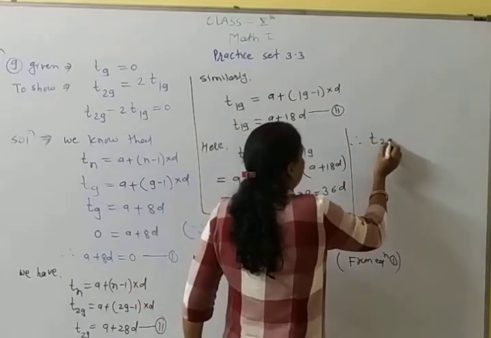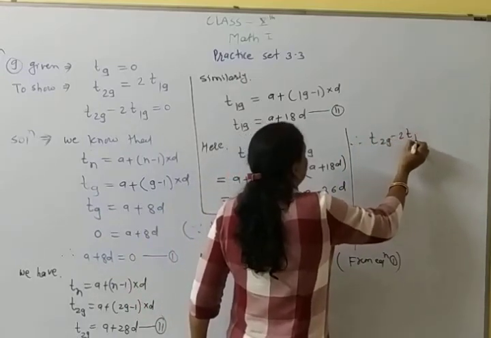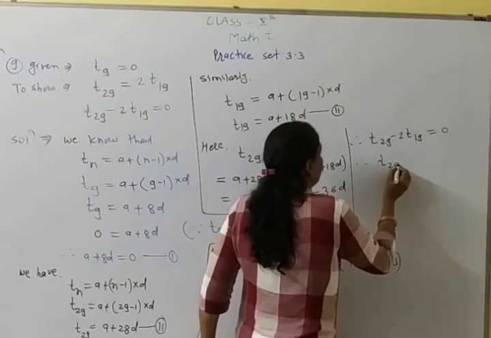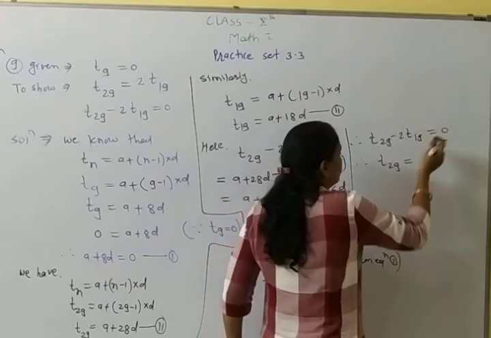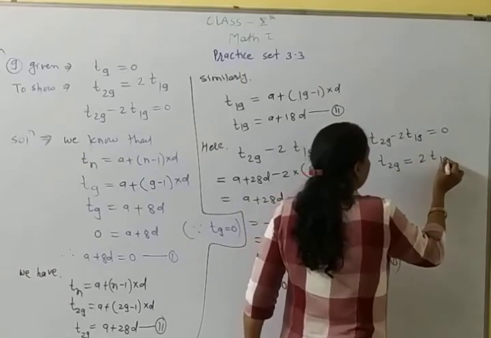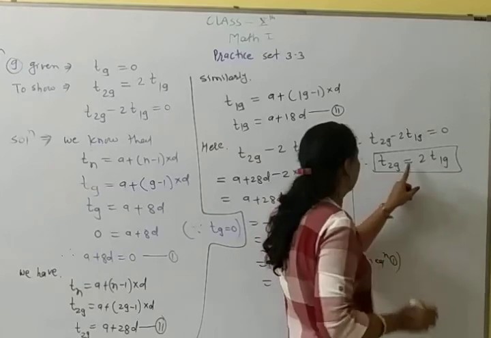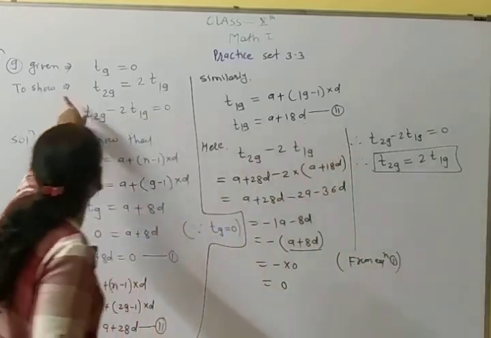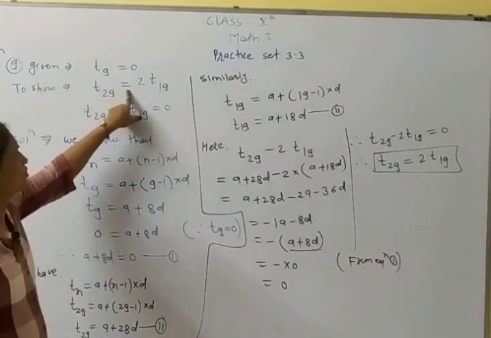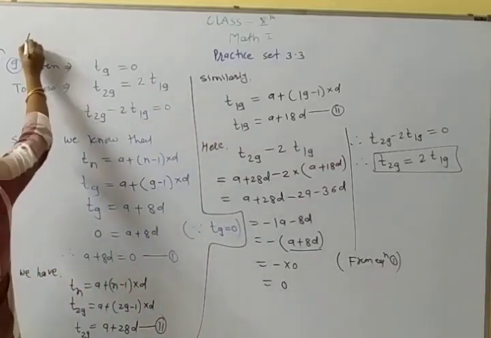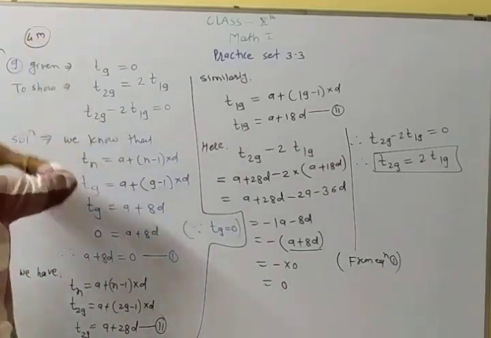Therefore T29 minus 2T19 equal to 0. Therefore T29 equal to 2T19, taking the minus term to the other side. This is our proof. T29 equal to twice T19. This problem is for 4 marks. Very most important problem.